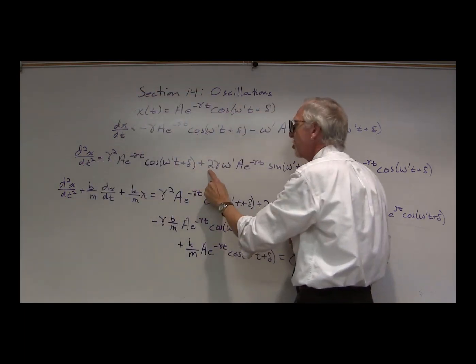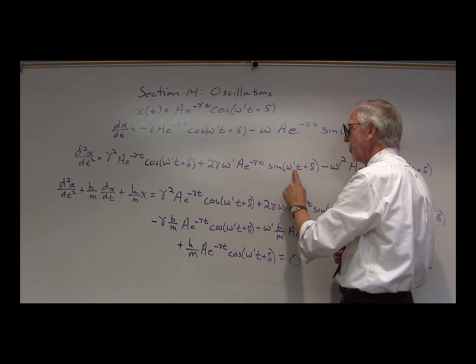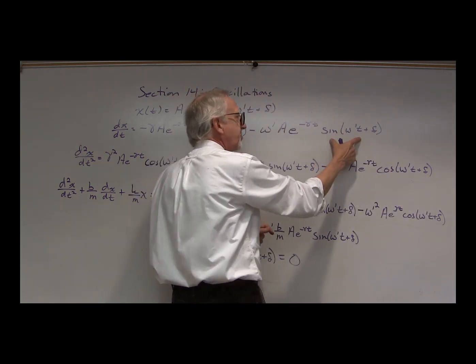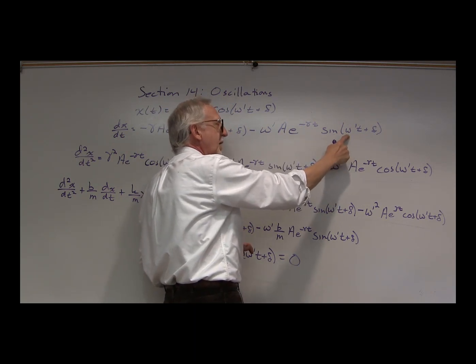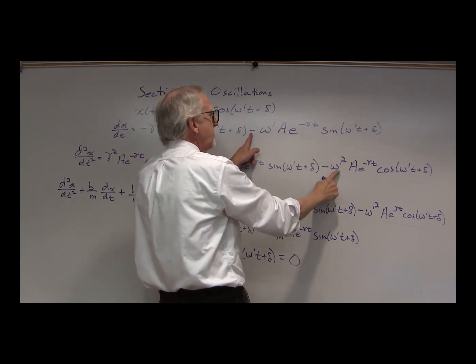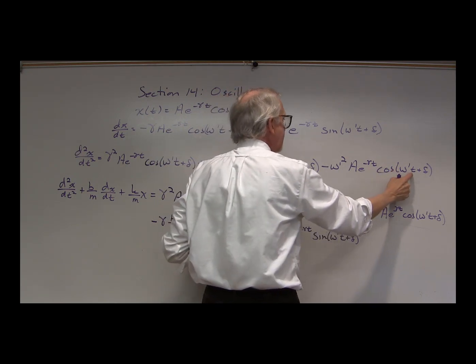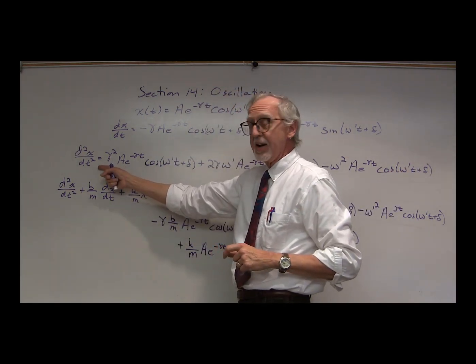So we end up with 2 gamma omega prime A e to the minus gamma t sin(omega prime t plus delta). And then differentiating the sine over here brings out another factor of omega prime and turns this into cosine. So we have minus omega prime squared A e to the minus gamma t cos(omega prime t plus delta). There we go, so that is d squared x/dt squared.